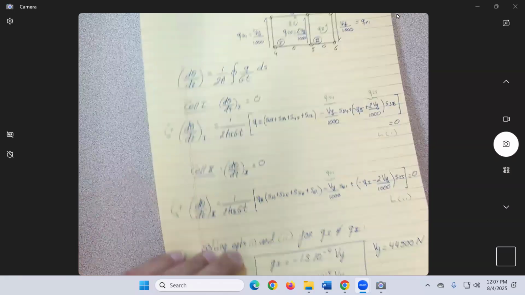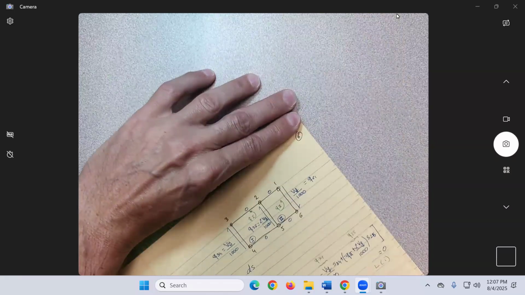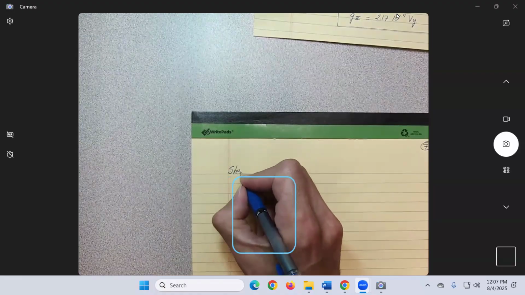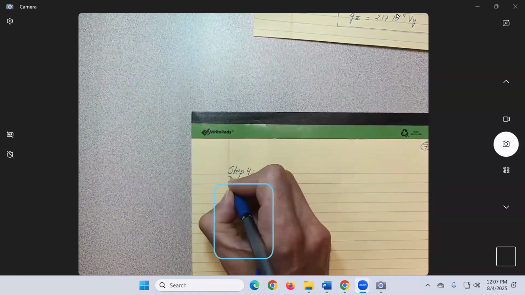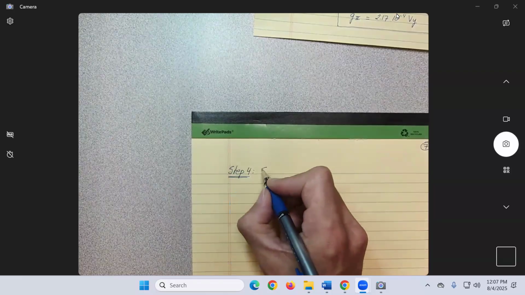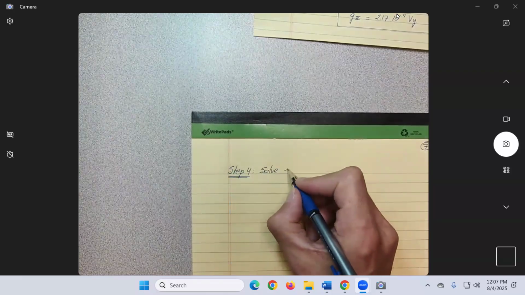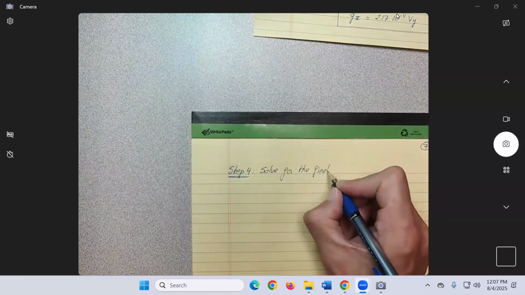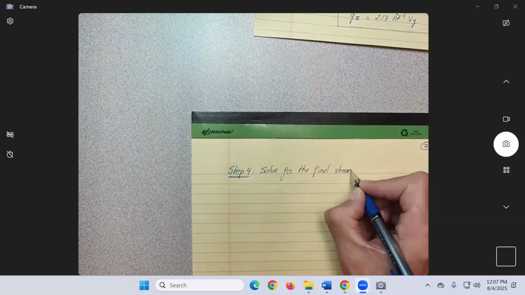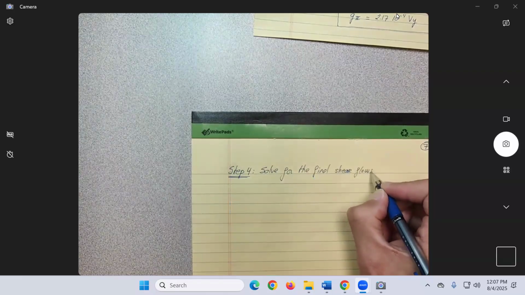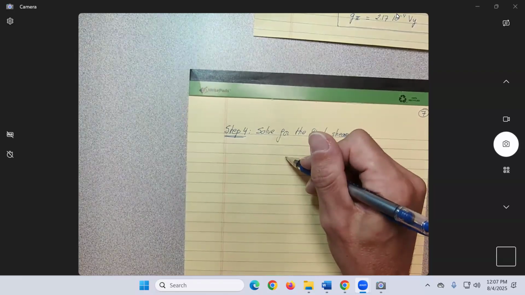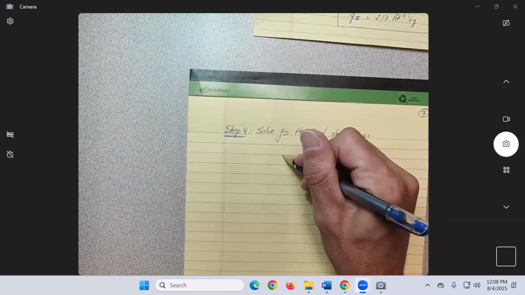Okay, so finally, we will go to step 4, which is solve for the final shear flows. So let's do again the figure.